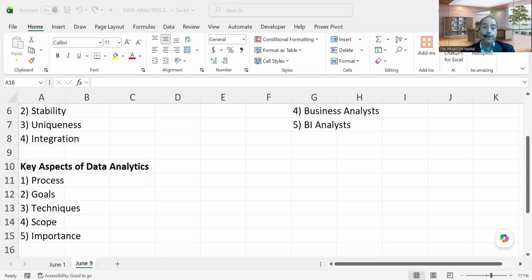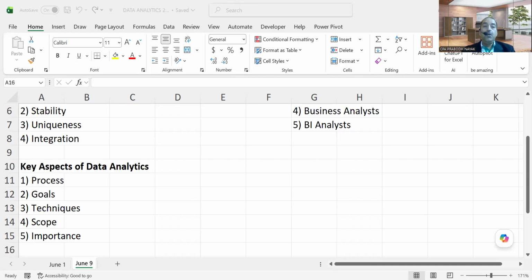Okay. What is the scope? Scope ranges from basic business intelligence reporting to advanced predictive modeling. That means creation of predictive models. That is the scope. So it starts with business intelligence reports and goes to advanced predictive modeling.